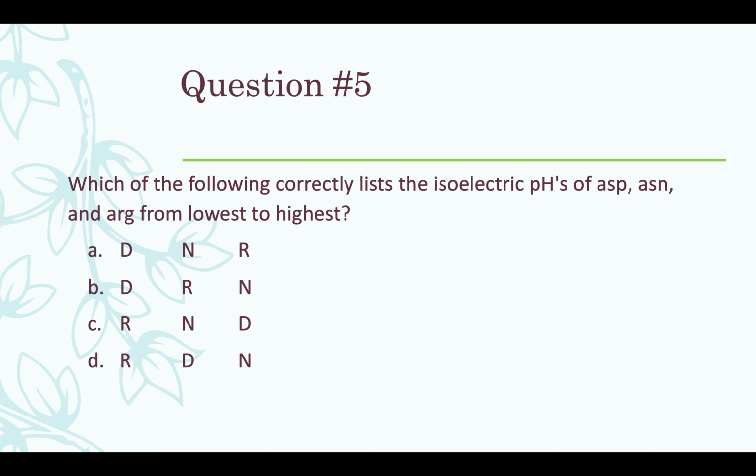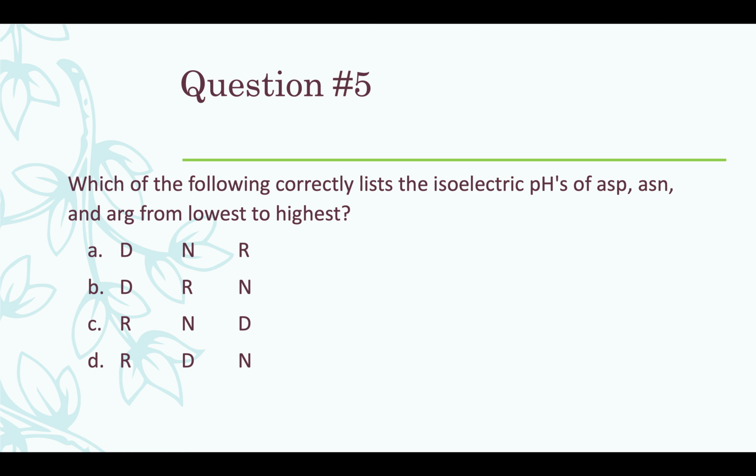So there. For question number 5, you were asked to arrange the pI of the given amino acids from lowest to highest. Before anything else, let's evaluate the properties of the given amino acids in terms of their R groups. Aspartic acid is an acidic amino acid, hence the name.